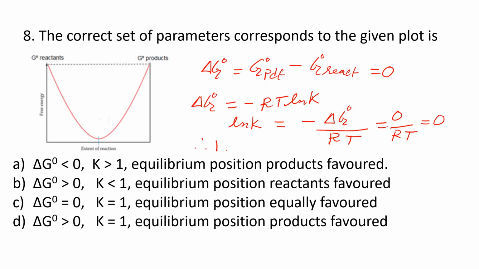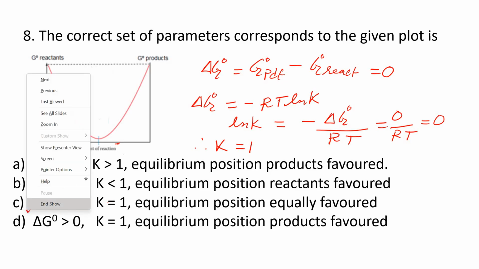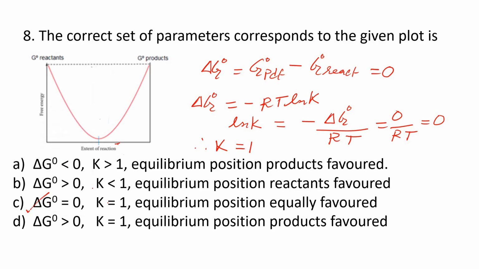Therefore here K must be equal to 1. So K is 1 when delta G0 is 0. Where delta G0 is 0, K is equal to 1, and the equilibrium position is equally favored. That means product and reactants are at the same distance from the equilibrium position. So our correct answer is this one: delta G0 is 0, K is equal to 1. Okay.